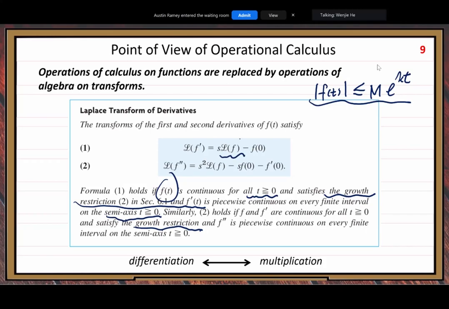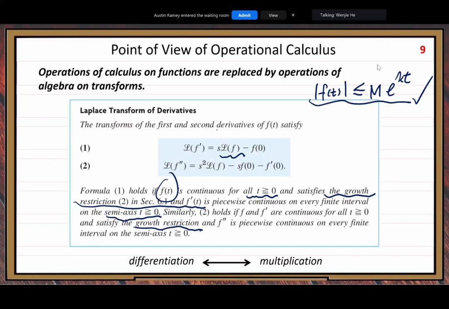Then f prime must be piecewise continuous. Later we will see that if the original function satisfies that condition, then f prime also satisfies that condition.